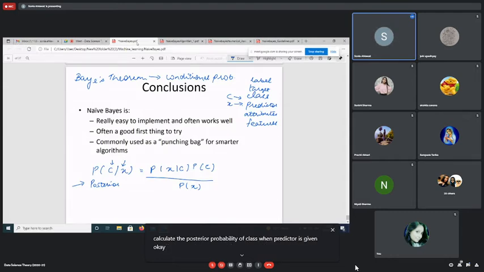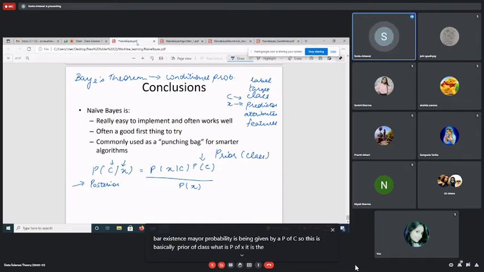Okay. Now what is your P(C)? P(C) is the prior probability of your class. जो ऑलरेडी डेटा सेट में गिवन होगा, वो क्लास कितनी बार एग्जिस्टेंस में है, वो प्रायर प्रोबेबिलिटी is being given by P(C). So this is basically the prior of class. What is P(X)?